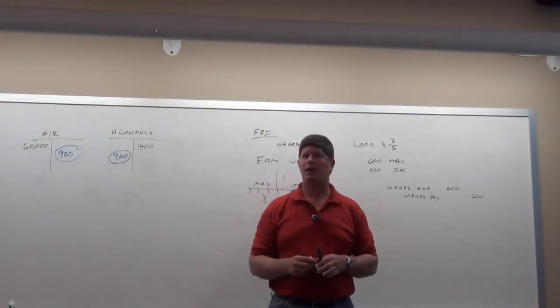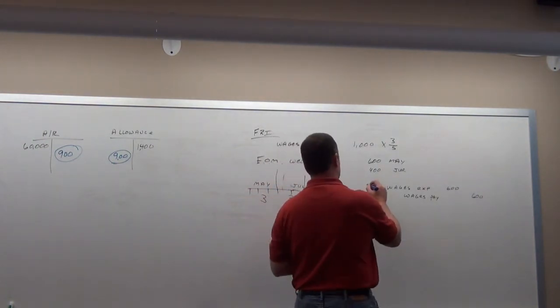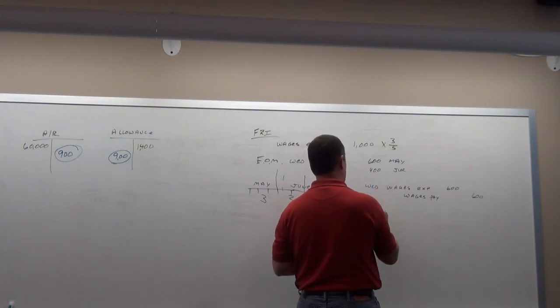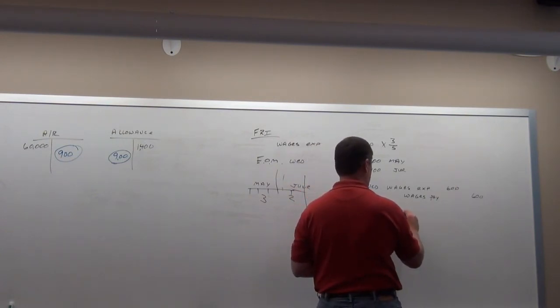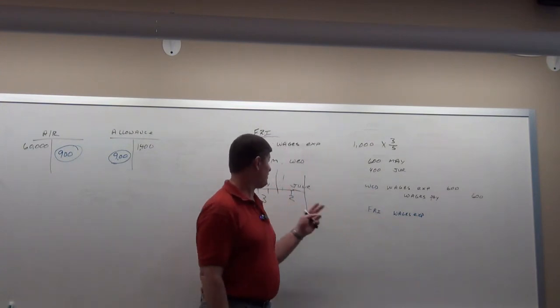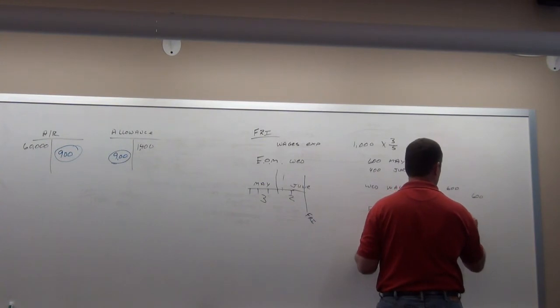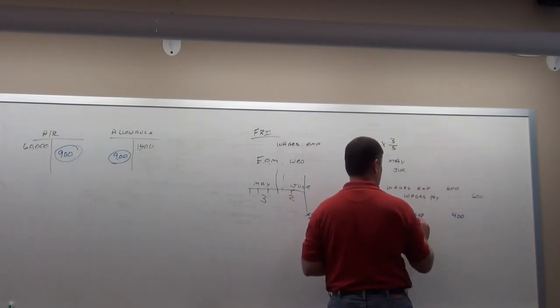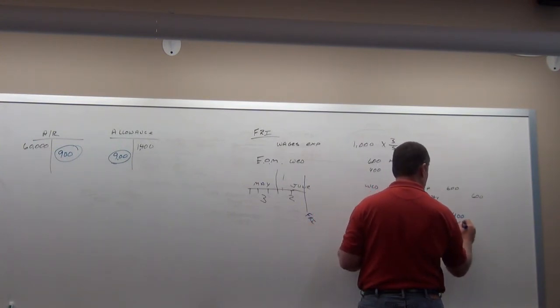So on Friday, when we pay the employees, what are we going to record? First thing is wages expense, because we have to record those 2 days that were in June. So we've got a $400 debit. We've got a debit to wages payable for $600.